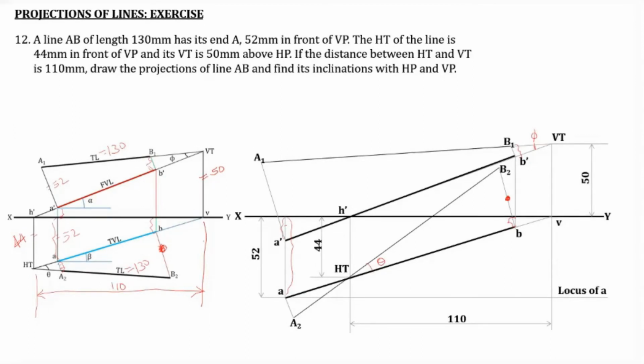Then finally you find out the true length, true inclinations, then alpha and beta. That's it. Now let's do it in the open board. The values are 52, 44, 50, 130.